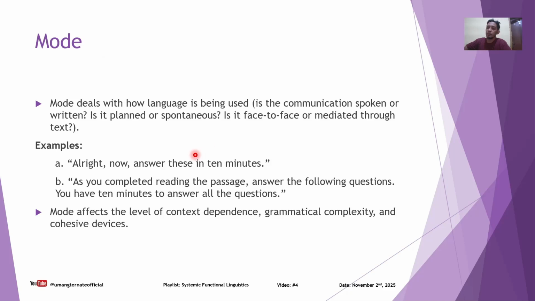I mean, by looking at the text, we should be able to identify whether it is a spoken text or a written text, for example. Is it planned or spontaneous interaction? Is it face to face or indirect communication? Let's take a look at these examples. These two examples, if we look at the field, we could identify that the field of this text is about answering questions, like a test or an exam.